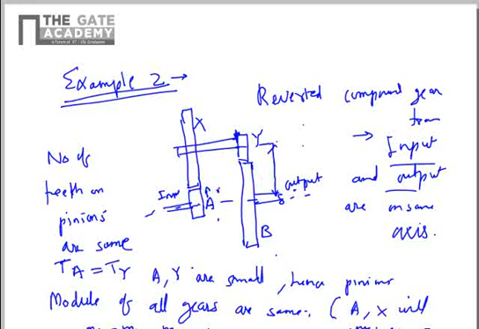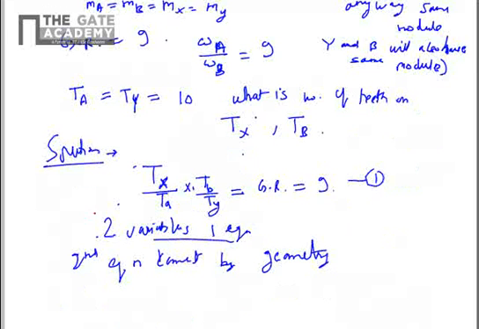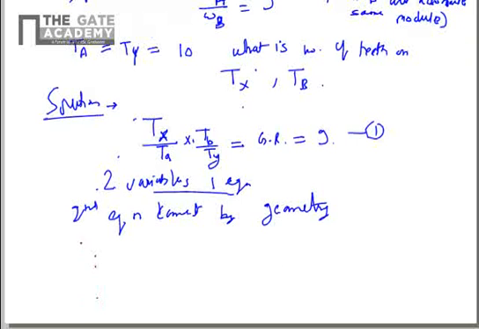So radius of A, RA, plus radius of gear X, RX, will be equal to radius of gear Y plus radius of gear B. So this is a second identity, because it's a reverted gear chain, input and output lie on the same axis.